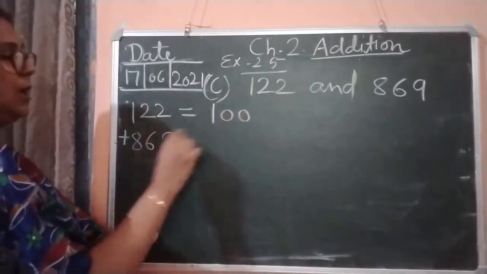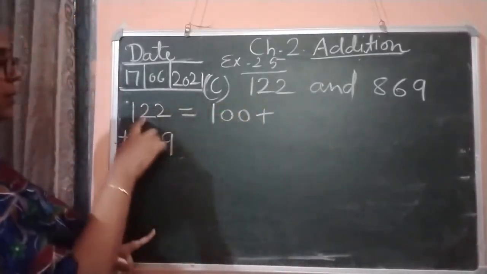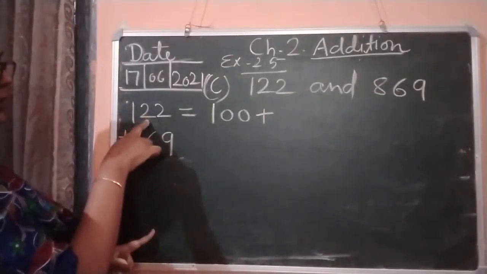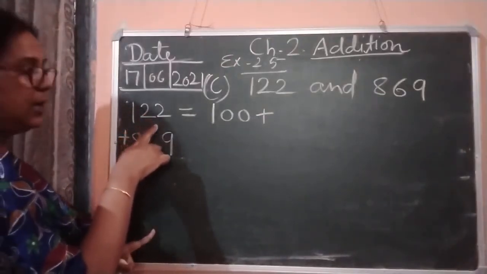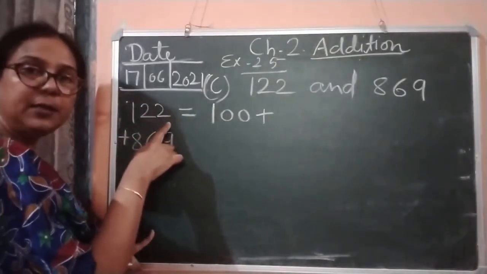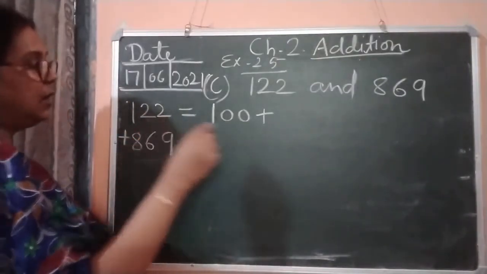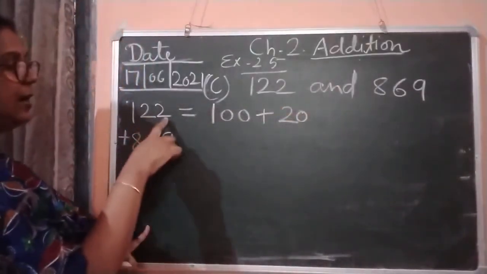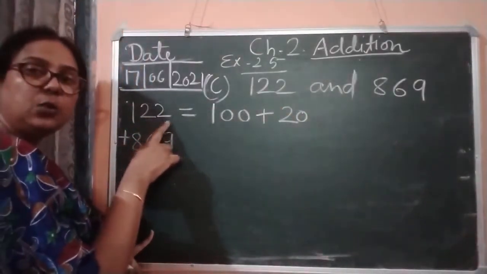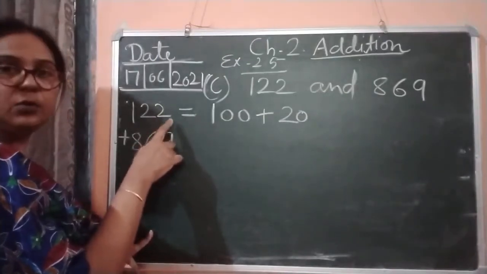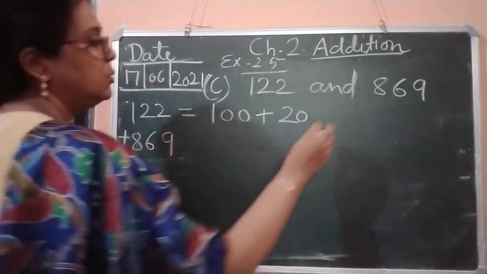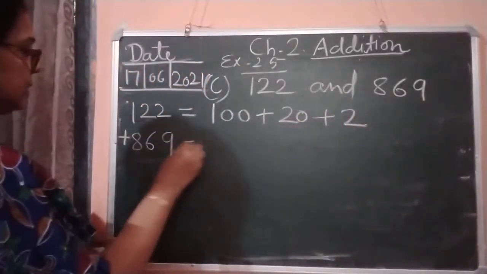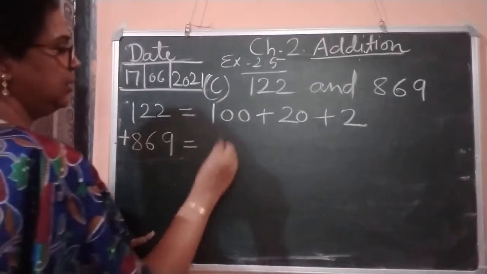Then plus, you can see over here 2 is at the tens place, and after that one number is there, so we will write 20. After tens you can see 2 is there, which is at the ones place, so we will write 2.